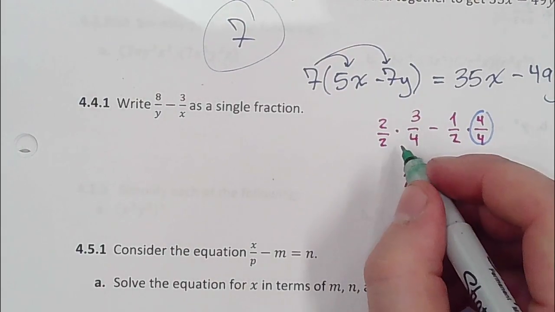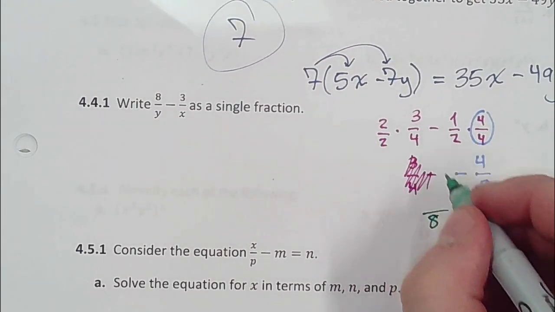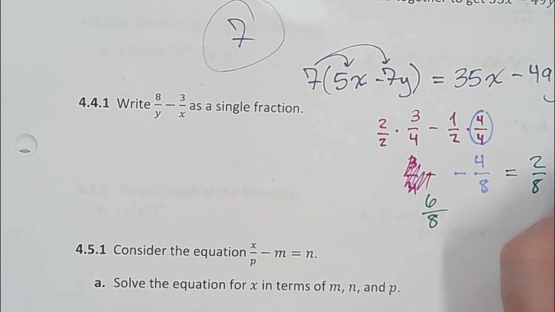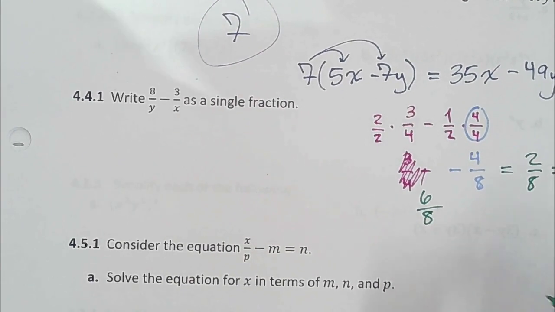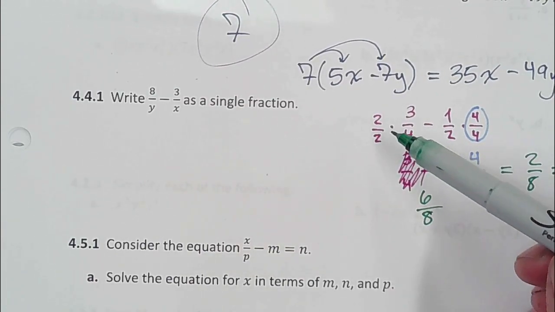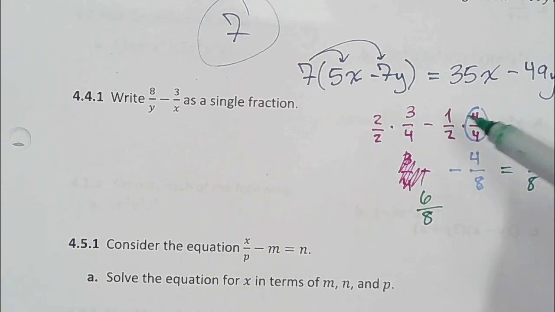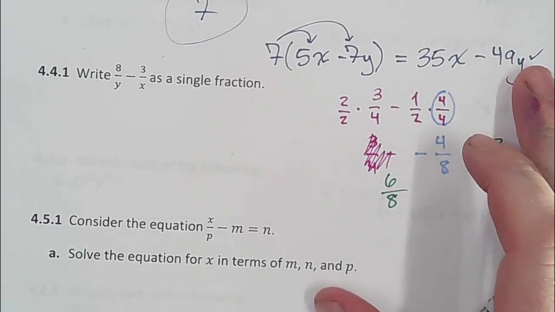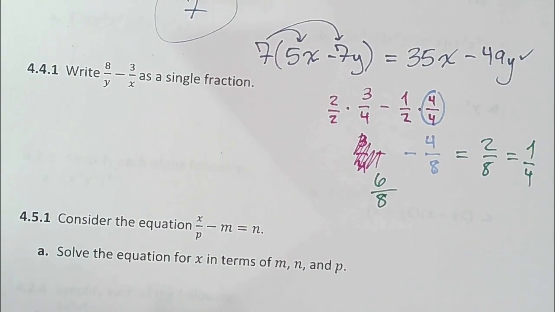And over here, we're also going to get 8ths, and it looks like we're going to get 6 of them. So when we subtract, we're going to get 2/8, which you could simplify to 1/4. So the whole point of getting common denominators is so that we can see how many we have left over. 3/4 minus a half is hard to tell what we have left over, but 6/8 minus 4/8 is clearly just 2/8. So that's what common denominators are all about. And of course, we could simplify that to 1/4.